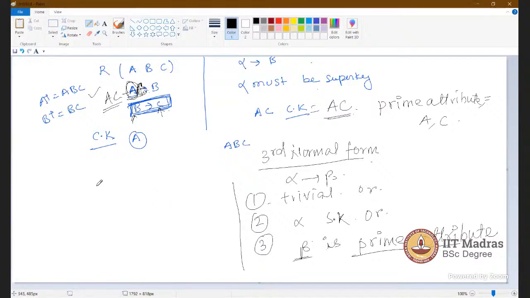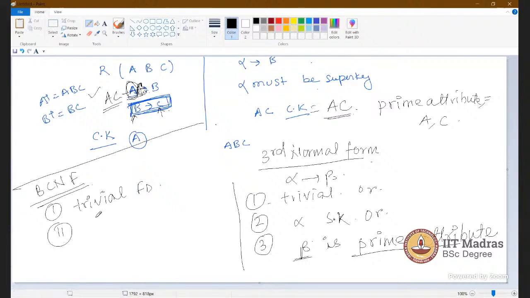Yes, sir. So now check for the BCNF. What is the BCNF condition? The first condition is, if it is a trivial dependency, then we can say this is BCNF, right?